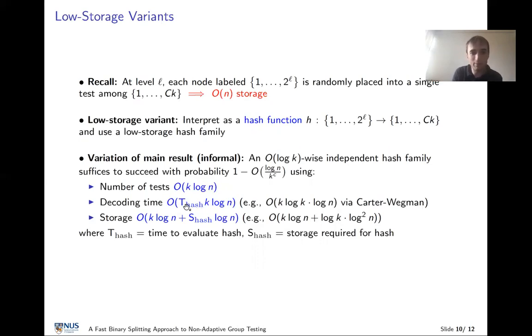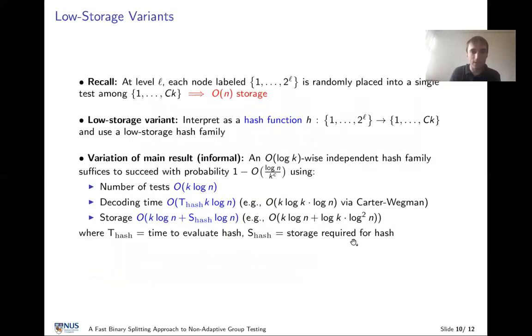The decoding time depends on the hash family, but it's the query time for a hash times k log n. And the storage basically incurs a storage per hash times log n factor. Here we've just specified that to the special case of Carter-Wegman, but of course there's more modern hash families as well, which could get a different trade-off of the time and the storage.